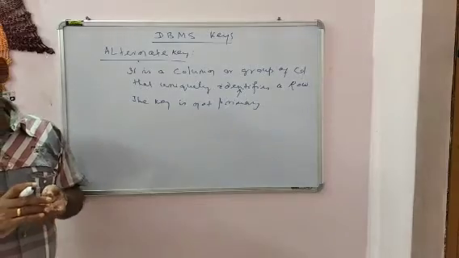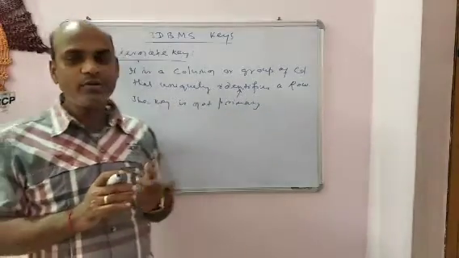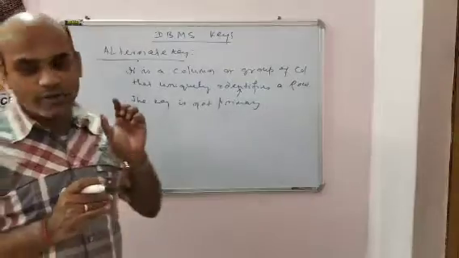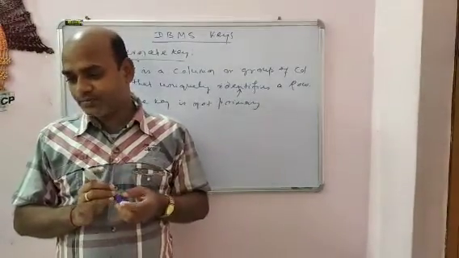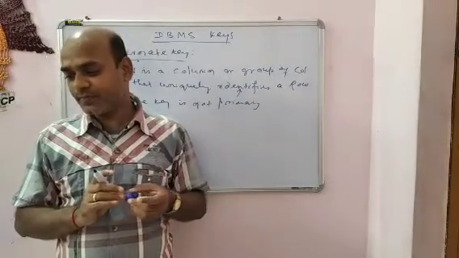For example, a student table. In a student table, student ID is the primary key.